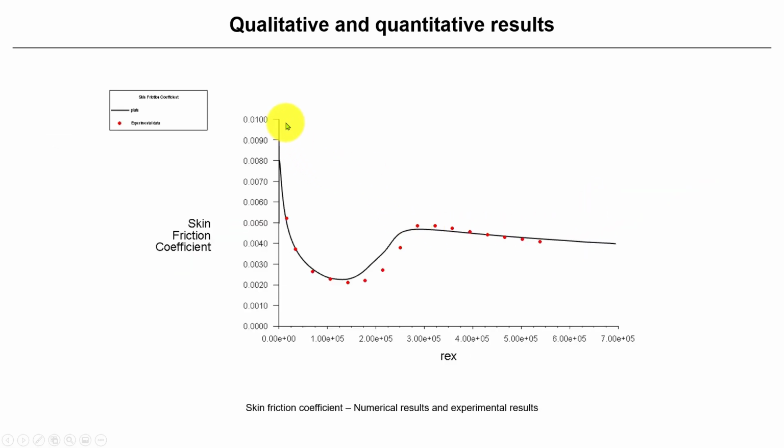Then we also have the validation data, the skin friction on the flat plate, with our experimental values and numerical values, and here we can clearly see the transition. At the beginning we follow the laminar behavior, and then the transition switches and becomes fully turbulent.